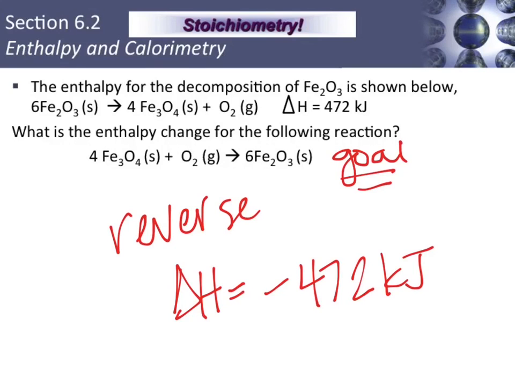If we flip the reaction, we flip the delta H. Well, kind of, because with Hess's law we can add up these reactions together and manipulate them all. Any questions on that?